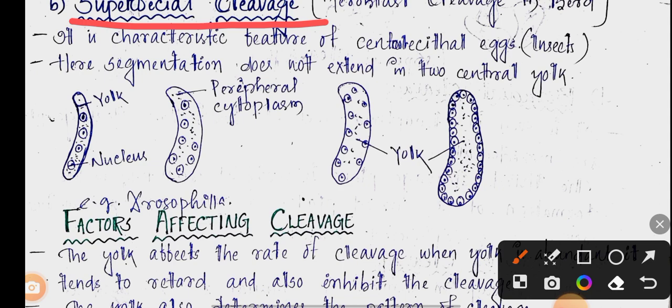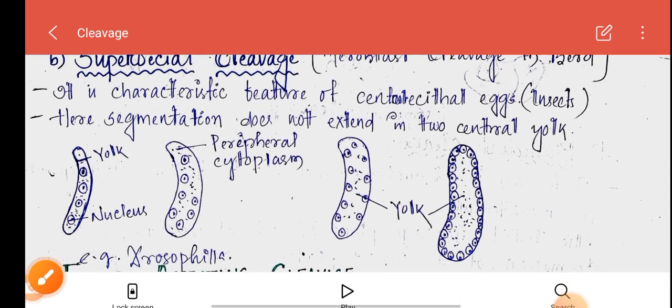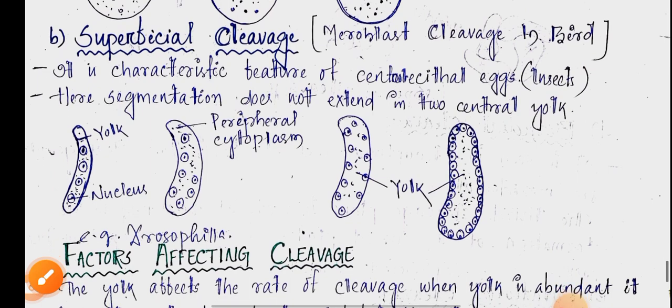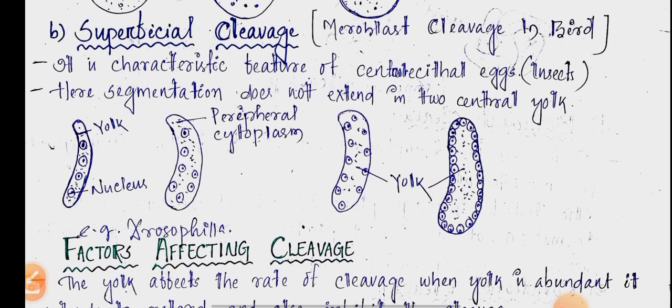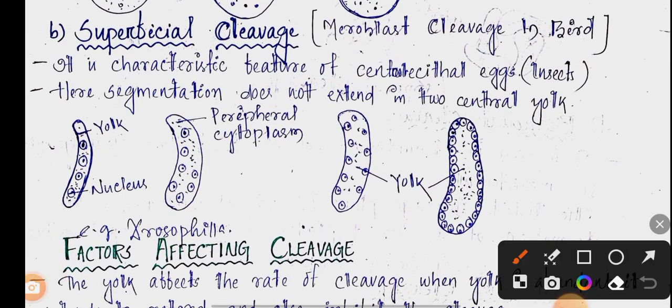Meroblastic cleavage in birds. Superficial cleavage is a characteristic feature of centrolecithal eggs of insects.